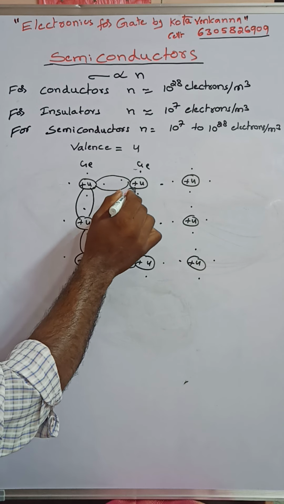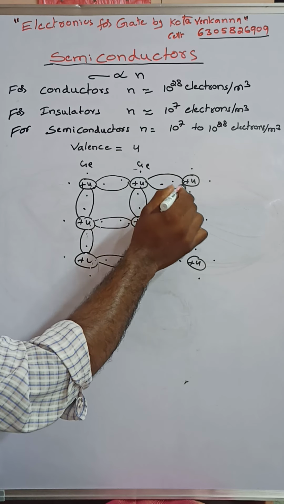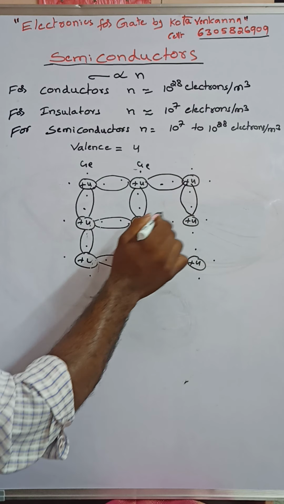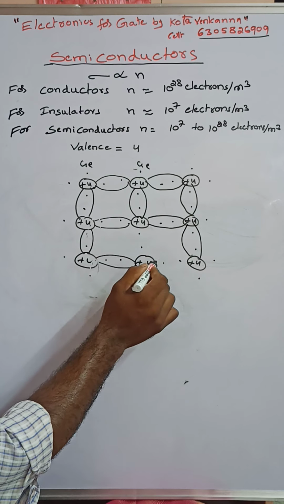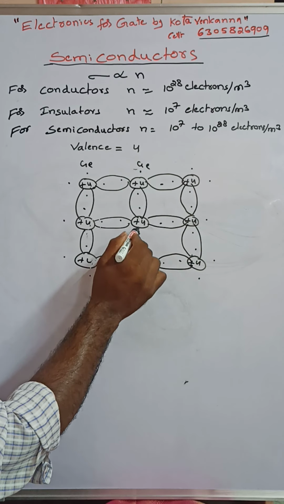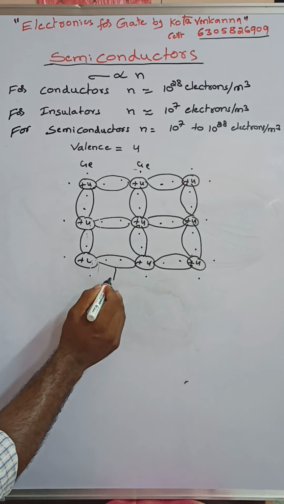In between two atoms, these two electrons are bonded with the covalent bond. The atom is tetravalent, and the bond in between atoms is a covalent bond.